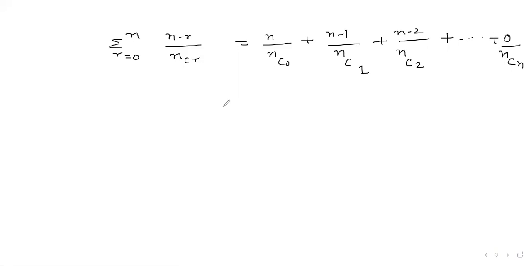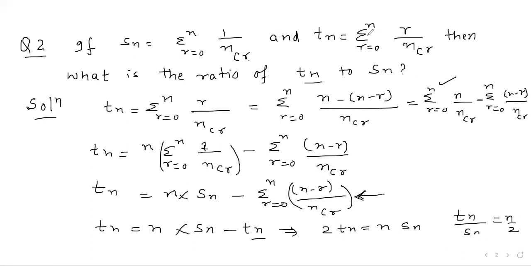Now further, we have Tn equals sigma r = 0 to n of r upon nCr.